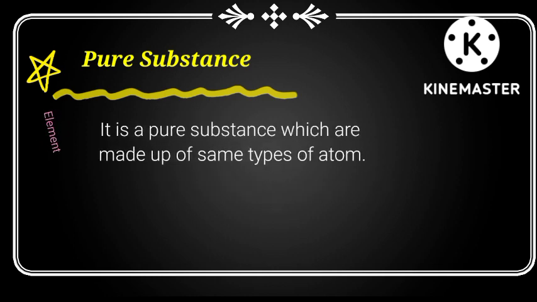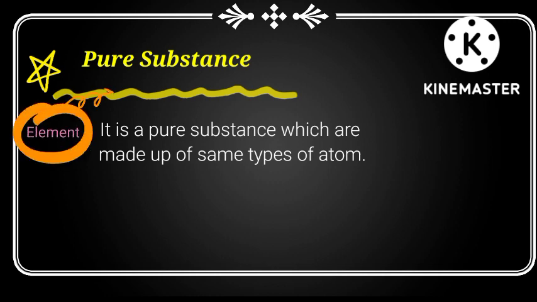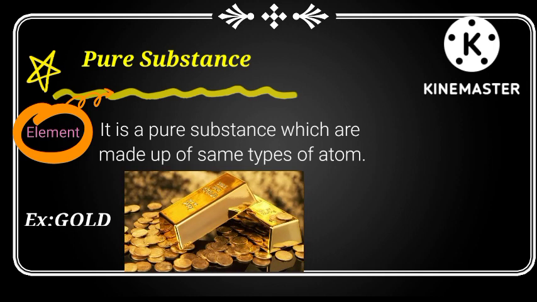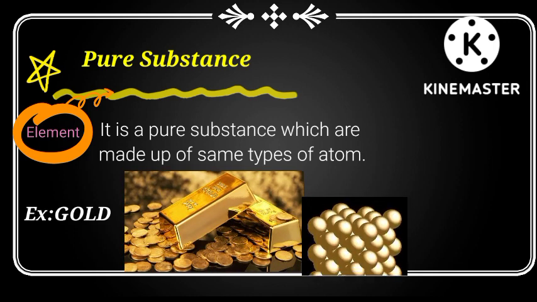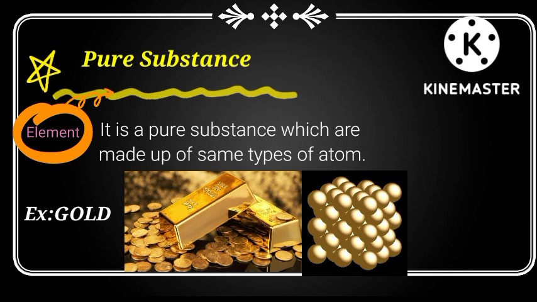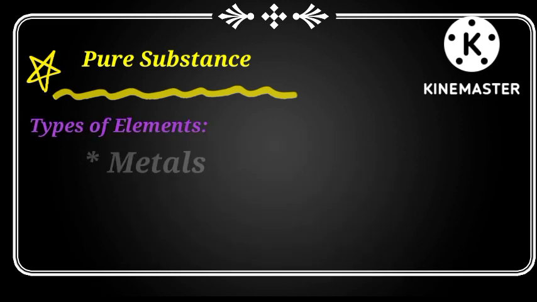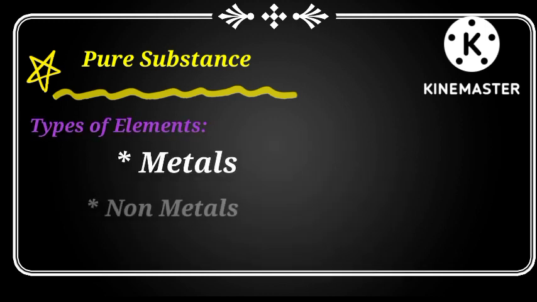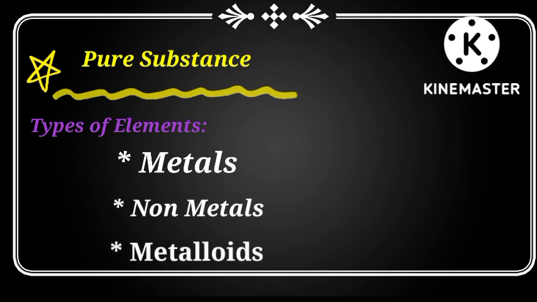Element. It is a pure substance which is made up of the same type of atom. For example, gold. You can see the atoms present in the gold are all the same. Types of elements: metals, non-metals, metalloids.